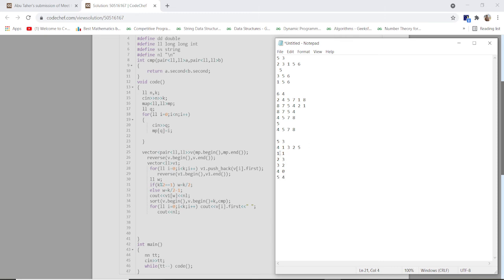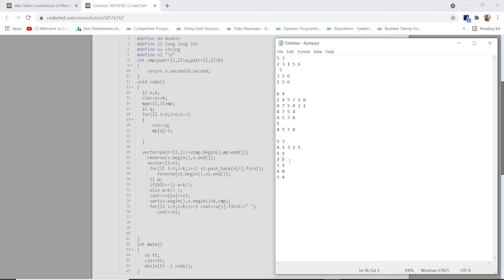What does that mean? 1 stores 1 because 1 is at the first index, 2 stores 3 because 2 is at the third index, counting 0, 1, 2, 3. This part is the indexes and this part is the actual values. I hope you guys get the point. 4 stores 0 because it is at the 0th index, and 5 stores 4 because it is at the 4th index.